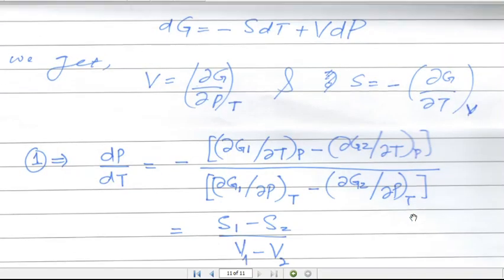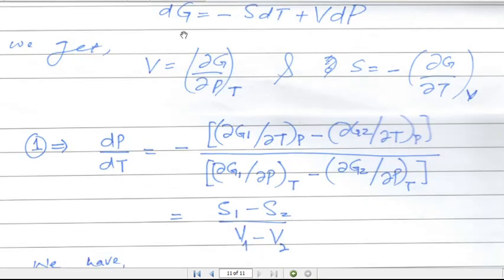And we also know that a small change in the Gibbs free energy is equal to minus S dT plus V dP.